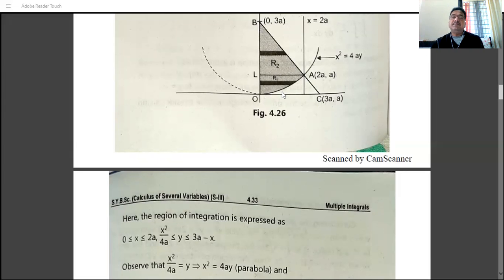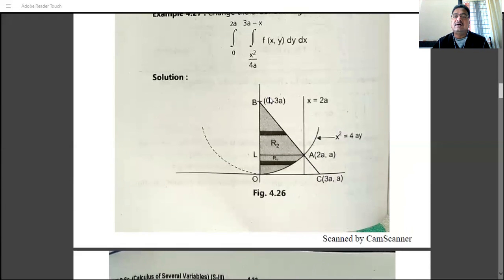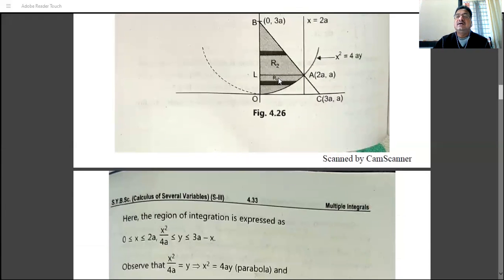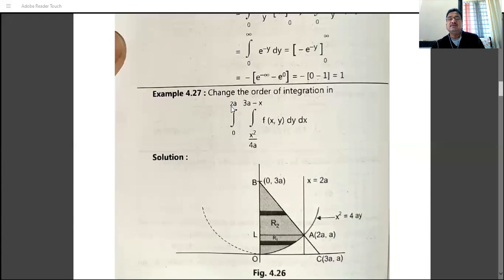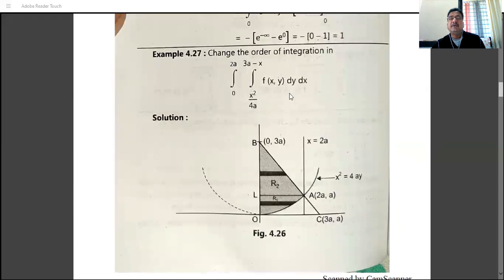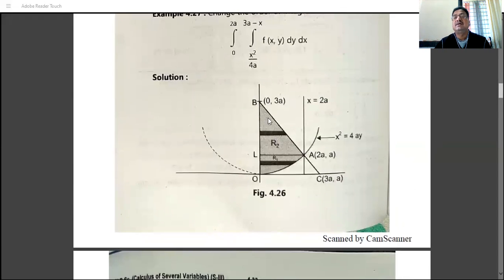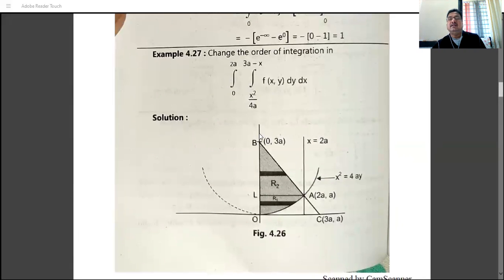So if such a problem arises, that is, if we move the strip and one end or both ends touch different curves, in that case we divide the interval into 2 parts, 3 parts, 4 parts. This is the difference between the previous examples of change of order of integration and the examples we are going to take in this lecture.